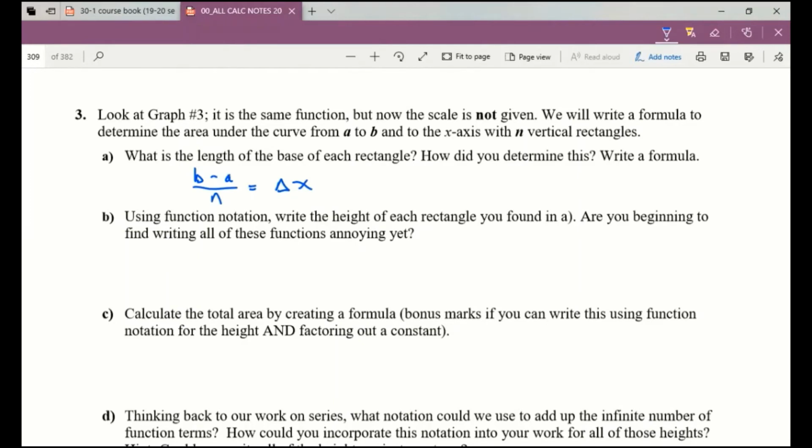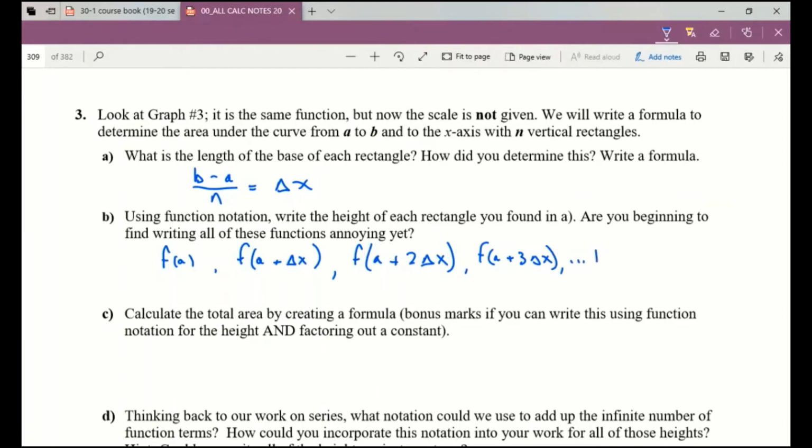then the heights of these rectangles, the first one will be f at A. The next one will be f at A plus a little bit. And what we're going to do is move to the right by delta x. So it's f at A plus delta x. Our next one ends up being f at A plus we're going to move over 2 times delta x to have our third left bound. 3 delta x, and so on.